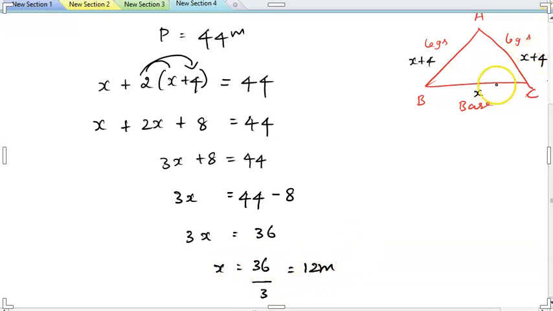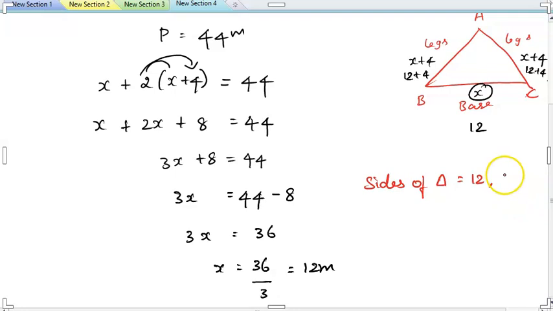So now we have found the base. x equals 12 meter. Now can you tell me what would be the length of the leg? It is 12 plus 4 and 12 plus 4, right? So the sides of the triangle are 12, the length of the base, and 12 plus 4 is 16, right? 16 comma 16, as I have two legs in an isosceles triangle.